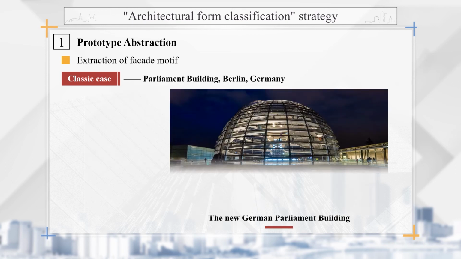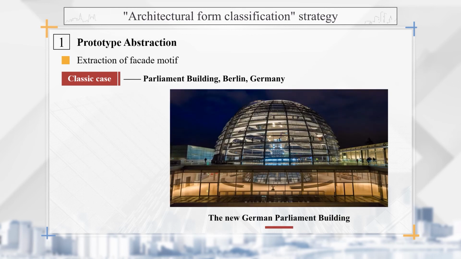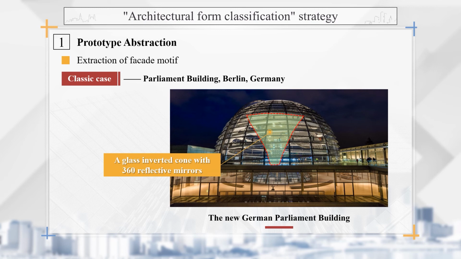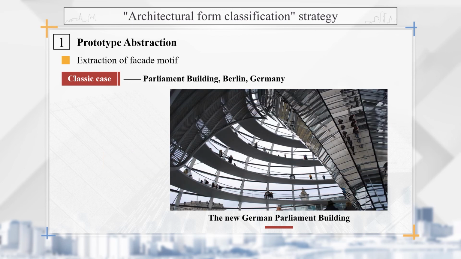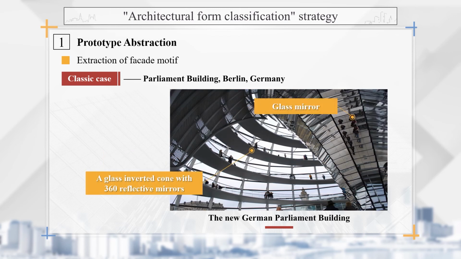As in the blue section of the picture, a glass inverted cone with 360 reflective mirrors hung in the center of the dome, which reflects sunlight, creating a comfortable light environment for the Parliament Hall below. The indoor picture shows the ramp that spirals up and reflects the flow of people on the glass mirror.